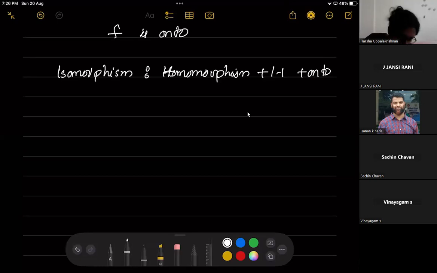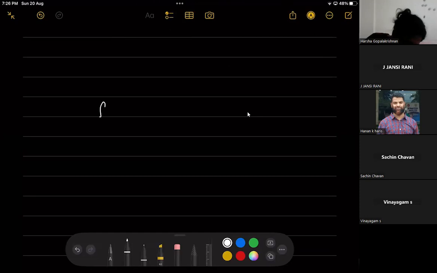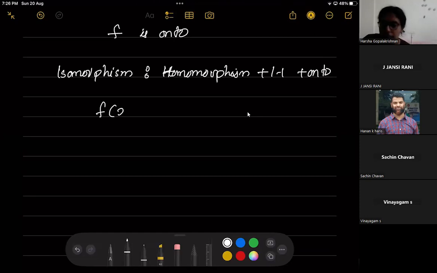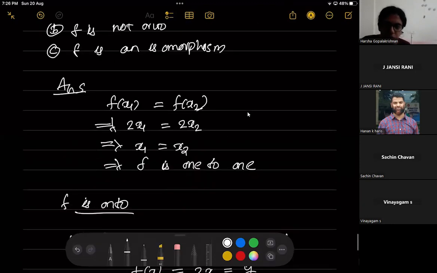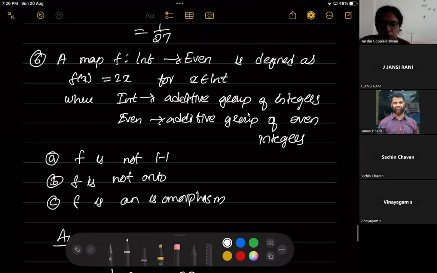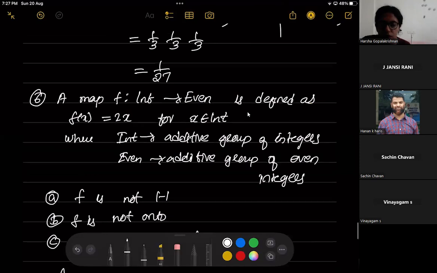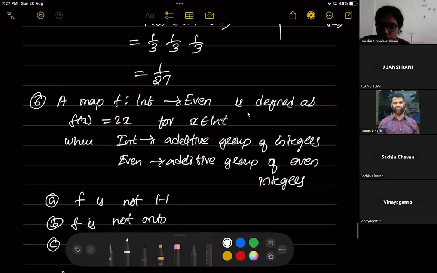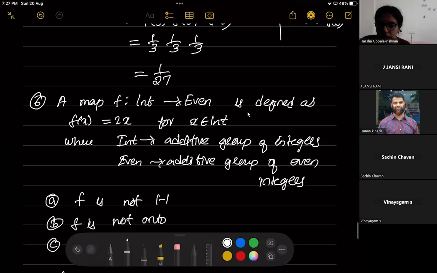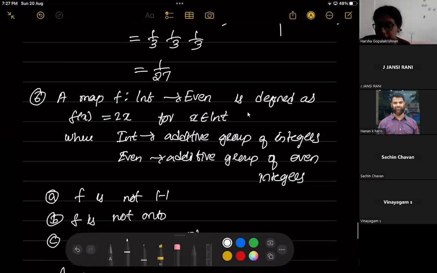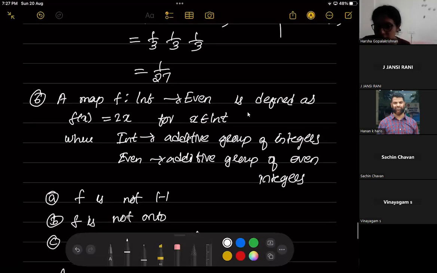What is the operation here? The operation is addition, the additive group of integers. Here both the integers and even integers are in the additive sense.